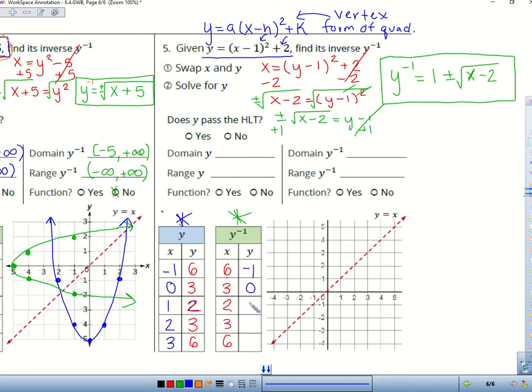And now we can go ahead and graph both of them. I'm going to do the first one in blue. 6 isn't on the graph, so I'm just going to estimate, like up here. 0, 3, 1, 2, 2, 3, and 3, 6.